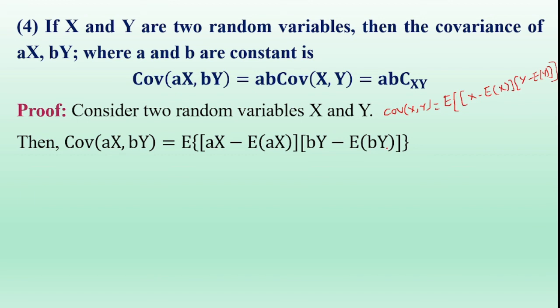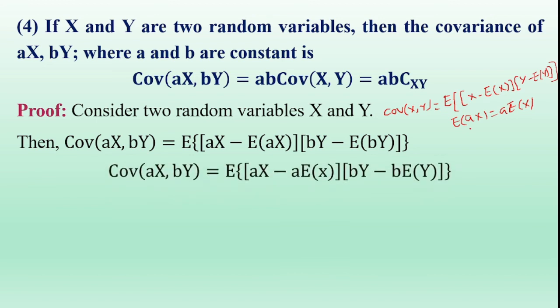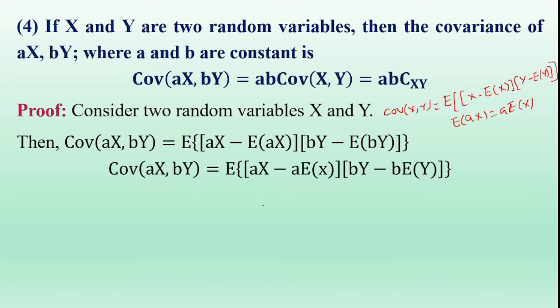Using properties of expectation, the expectation of aX is a into expectation of X. Similarly, the expectation of bY is b into expectation of Y. Therefore, the expectation of (aX minus a expectation of X) into (bY minus b expectation of Y).